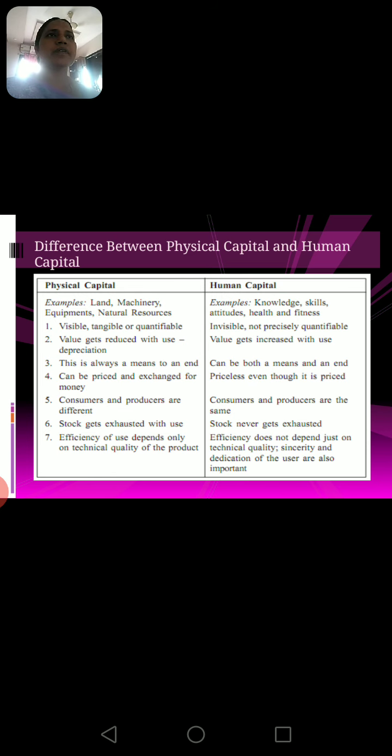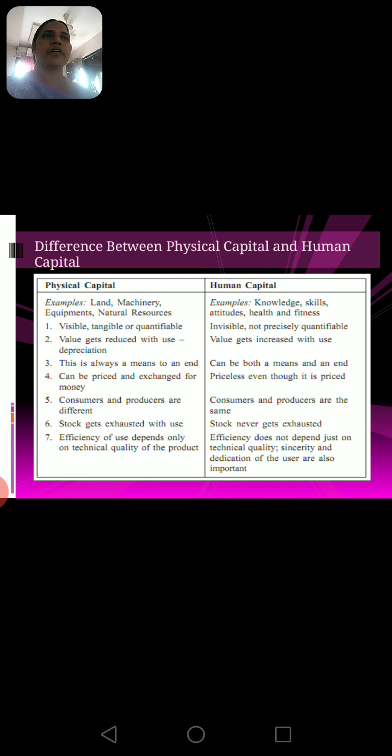Human capital is different from fiscal capital. Fiscal capital is visible, tangible, and quantifiable, but human capital is invisible and not precisely quantifiable. Fiscal capital values get reduced with use, through depreciation, but human capital values get increased with use.